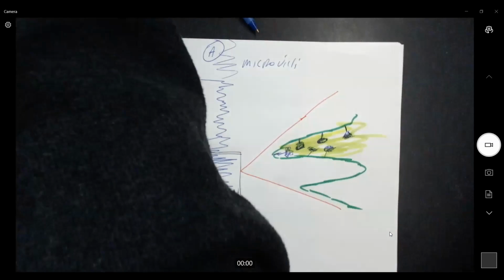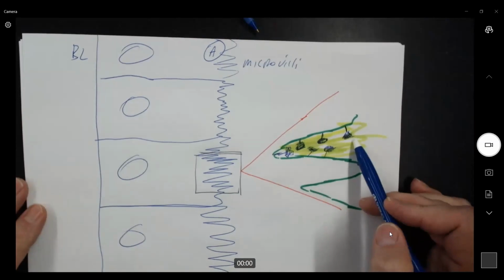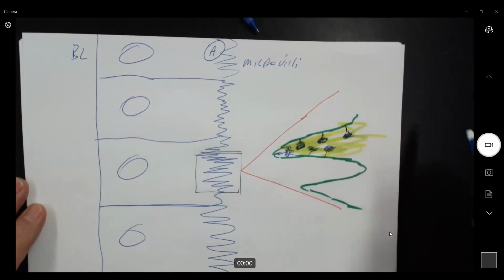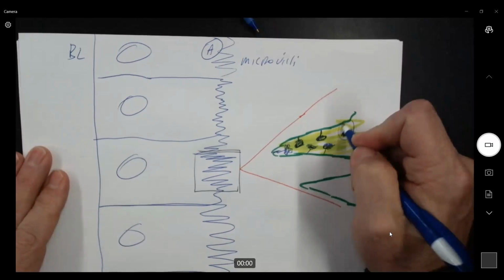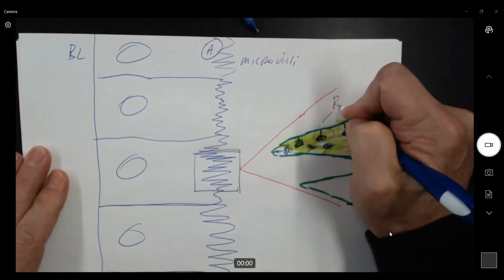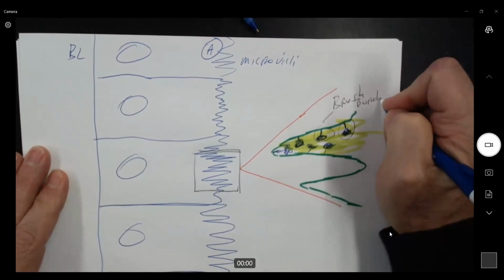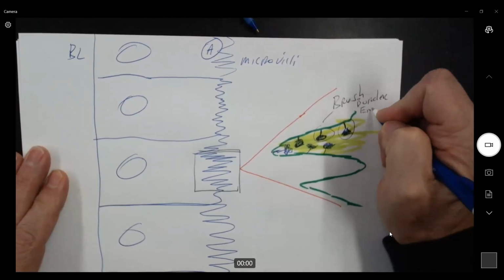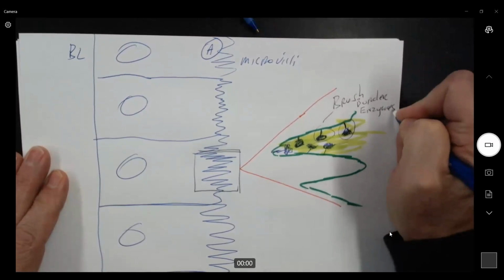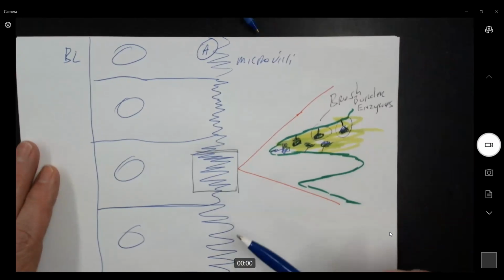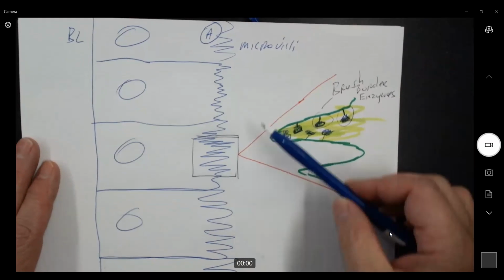These enzymes will break down dipeptides, tripeptides, disaccharides, things like that. And these are called brush border enzymes. And that's based upon this looking a little bit like a paintbrush.